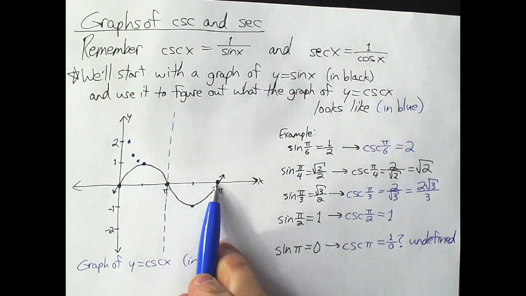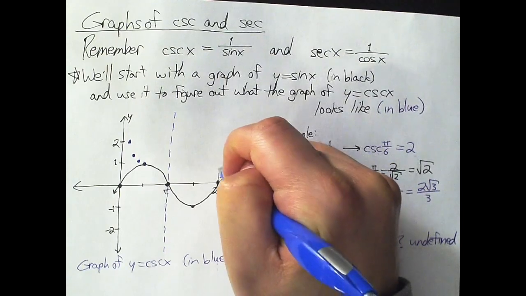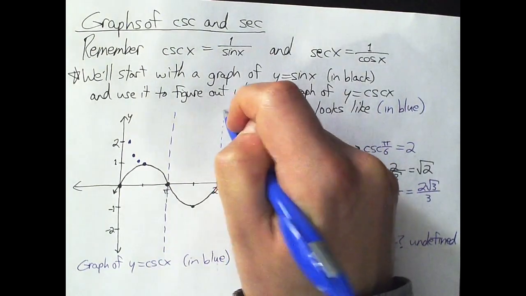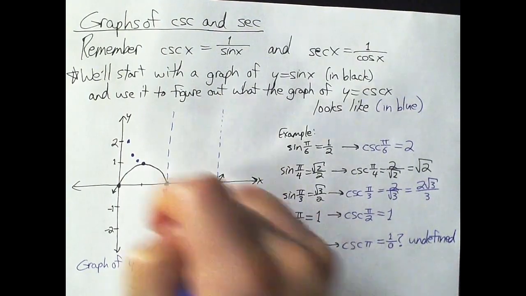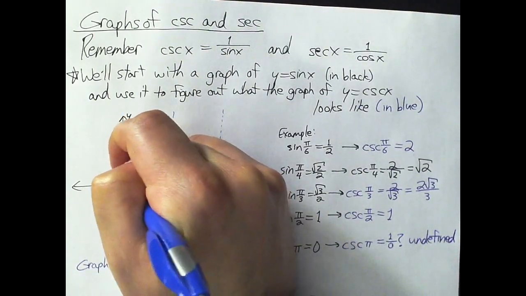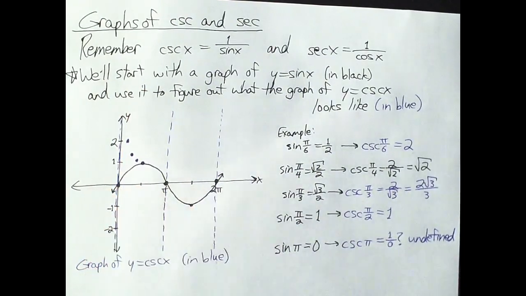Cosecant would be 1 over 0, which is going to be undefined. It's going to give us a vertical asymptote here as well. And here. Okay?